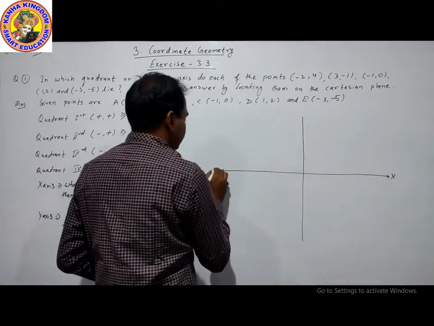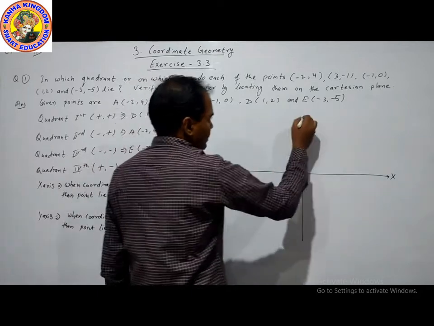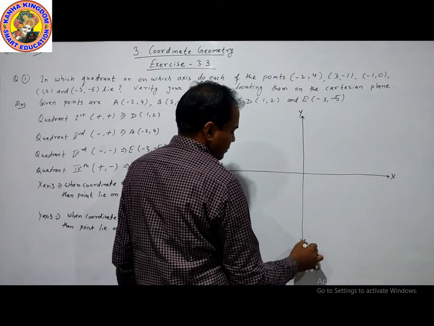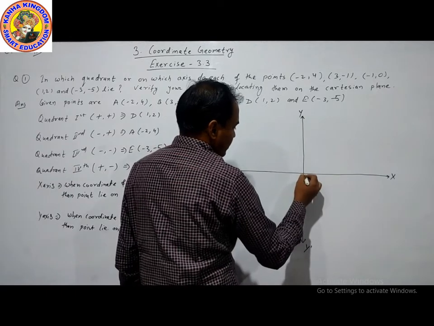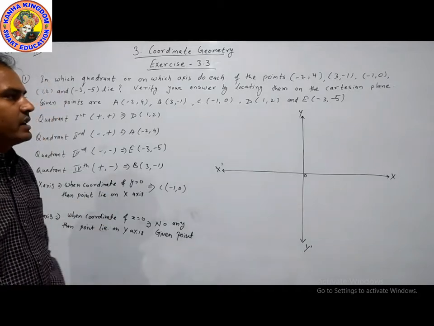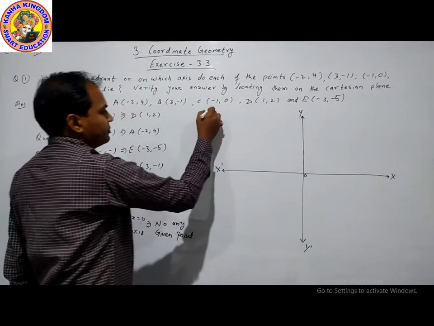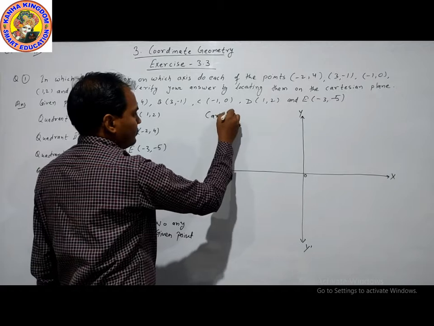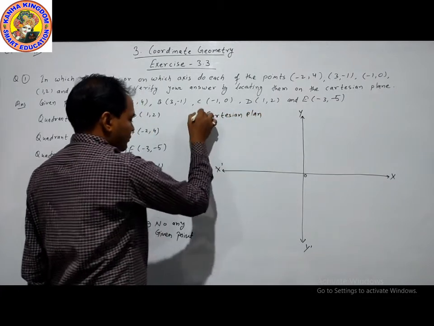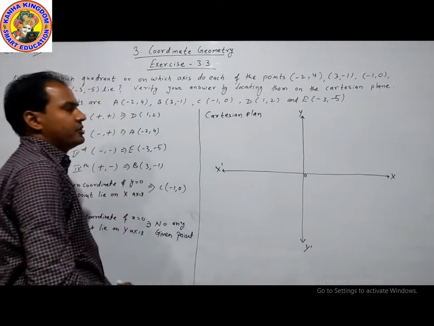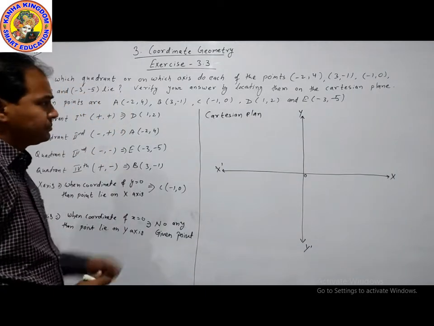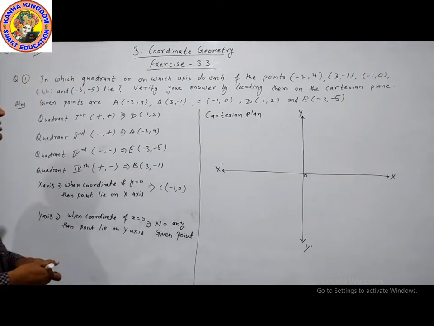X dash, y dash, origin. This is our Cartesian plane. Now see the points.